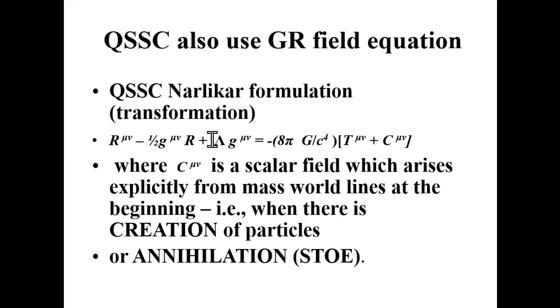It's the mathematics. You'll see in some statements they'll put this thing on the right-hand side, meaning that they're suggesting that the dark energy is real. Here, in the QSSC, this is the creation, so we don't need dark energy, except as the mapping.